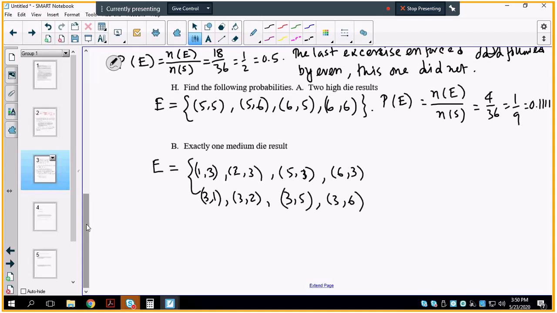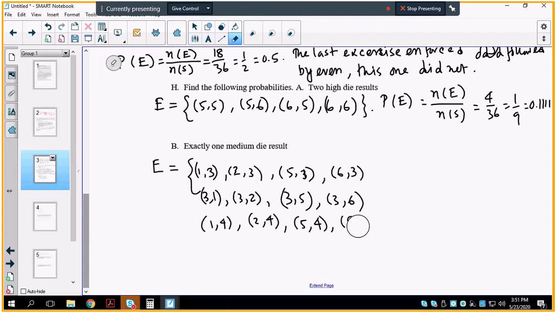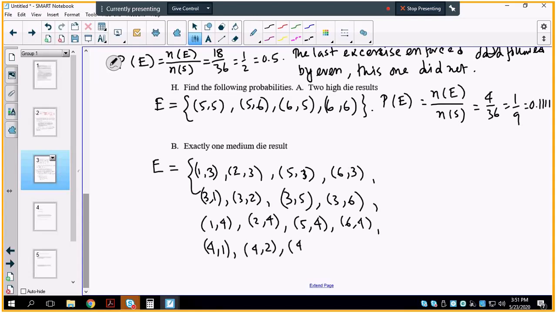And I have to do it with 4. So 1, 4, 2, 4. Skip 3, 4 and 4, 4. So now you have 5, 4 and you have 6, 4. And then these are all the results with 4 in the second place. And now we will start putting 4 in the first place. So 4, 1, 4, 2, 4, 5, 4, 6.